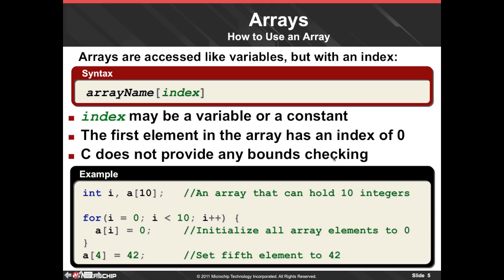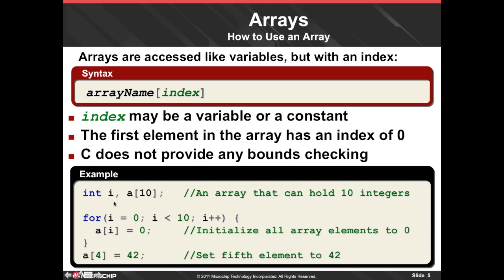C does not provide any bounds checking, so you could be checking for a particular array index that is out of bounds, meaning it doesn't exist. You haven't declared it, so it won't actually check that like it does in Java. We'll give you an array out of bounds exception error, and C, it doesn't do that.